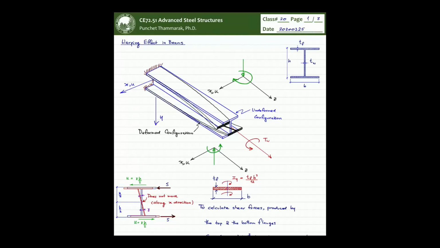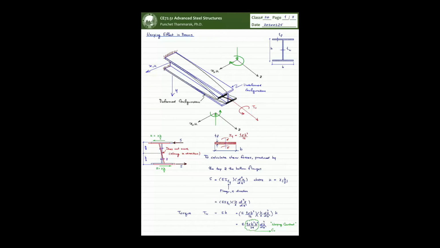Today we will pick up from the last time. Last time we talked about the lateral torsional buckling of the case which incorporates the effects from the warping.